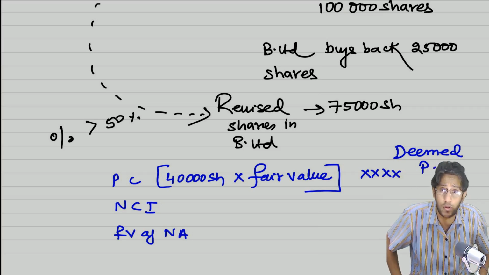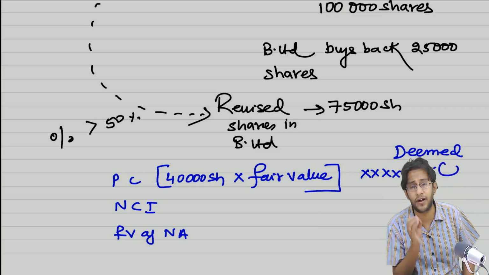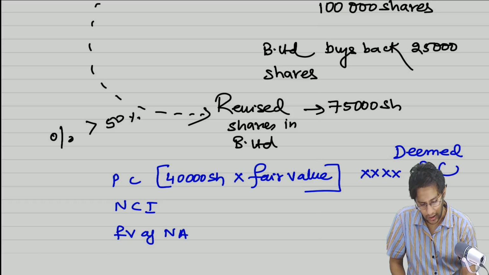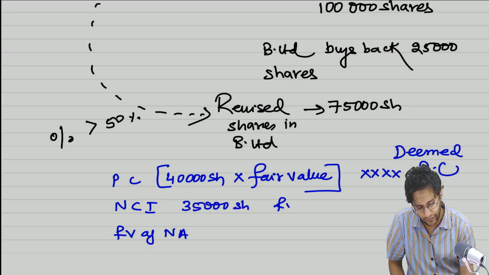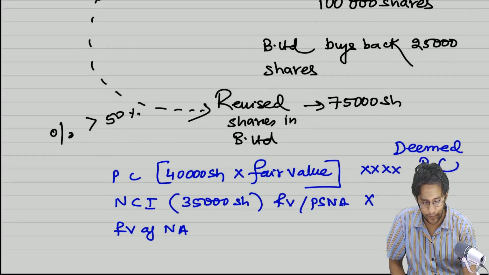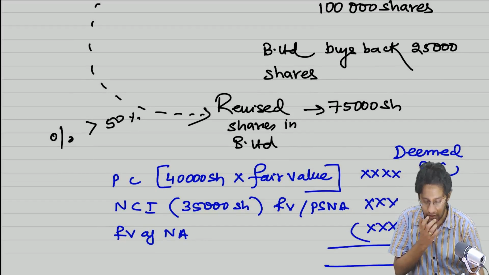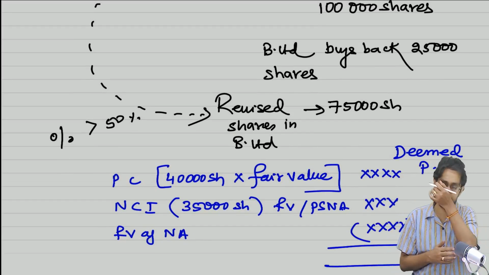So whatever shares you are already holding, the fair value of those shares only will become your deemed PC. NCI, remaining 35,000 shares are there. That either fair value or you have a choice of PSN. Any which way you can do. Net assets anyway you have to take fair value. So that's all. We will go and determine goodwill or capital.